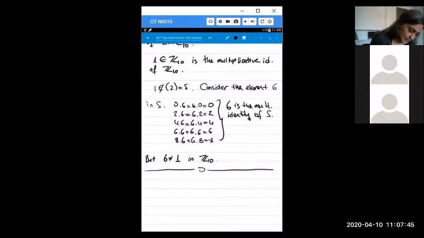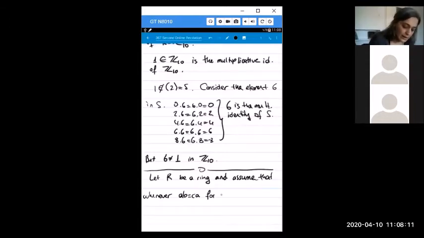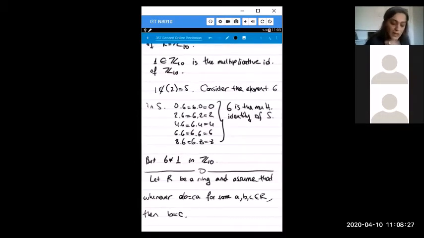Let R be a ring, and assume that whenever AB is equal to CA for some A, B, C in R, then we have one condition satisfied, which is B is equal to C. We have some kind of cancellation, but from right and from the left at the same time.